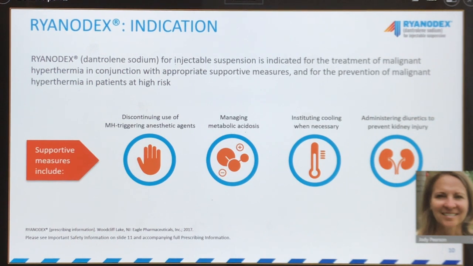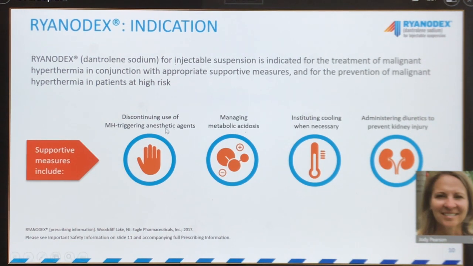The supportive measures are many, and one of the first things you would want to do is discontinue use of MH triggering anesthetic agents. So in the OR, they would have to shut off the general anesthesia and not give any more succinylcholine. Perhaps if you're in the critical care area or the ER, it might just be the one dose of succinylcholine for RSI. You wouldn't want to give any more.